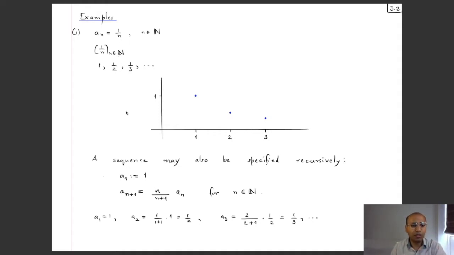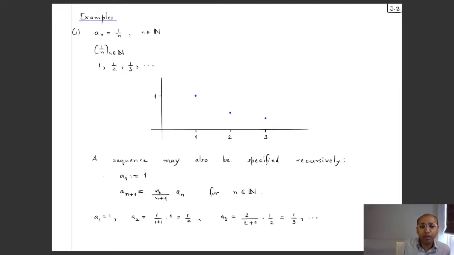For this particular sequence, we can define the sequence recursively, with a1 being specified as 1, and then here is the rule for determining the (n+1)th term given the nth term. It is given by a_{n+1} = n/(n+1) a_n for n in the natural numbers. If you look at what this rule delivers, you get a1 is of course 1, and then a2, which is a_{1+1}, can be determined from a1.